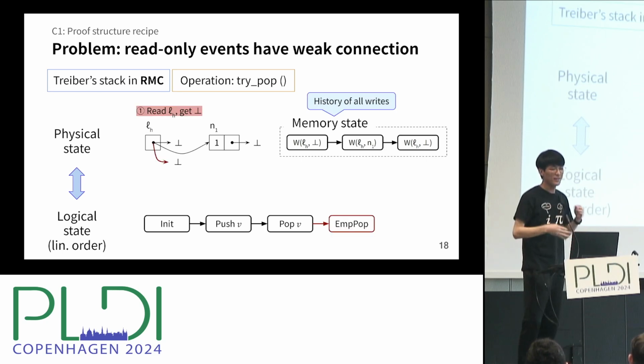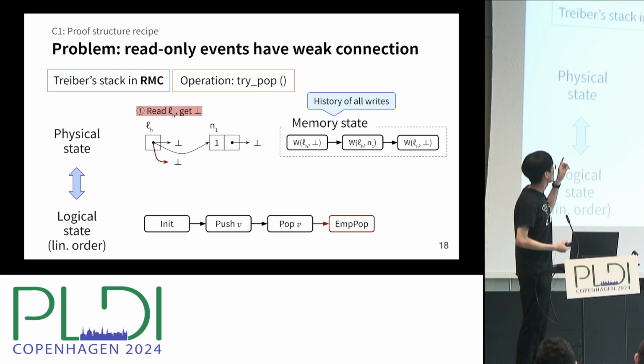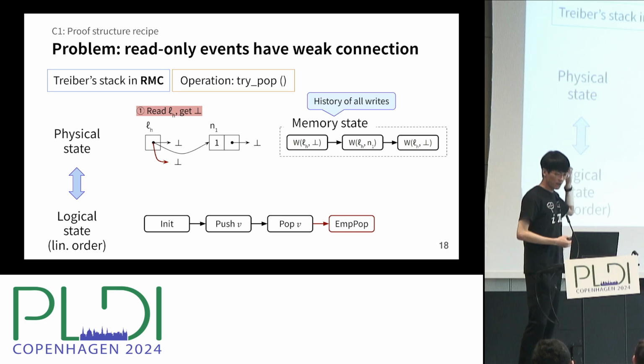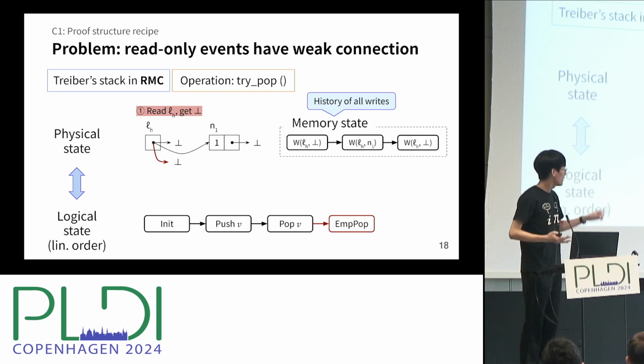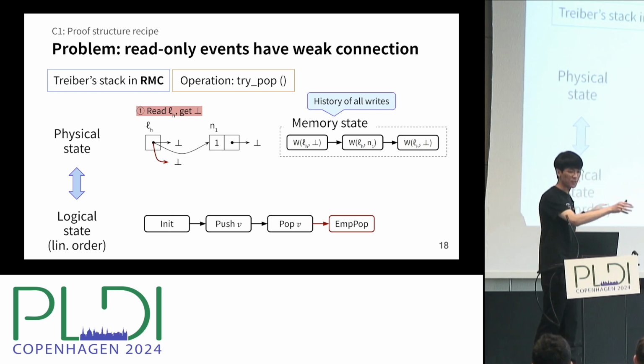To see why the empty pop case is the main complication, note that since empty pop is read-only, we do not update the physical state. However, in contrast to the sequential consistency case, we should now update the logical state in this case because this new empty pop event should be inserted within the linearization order.